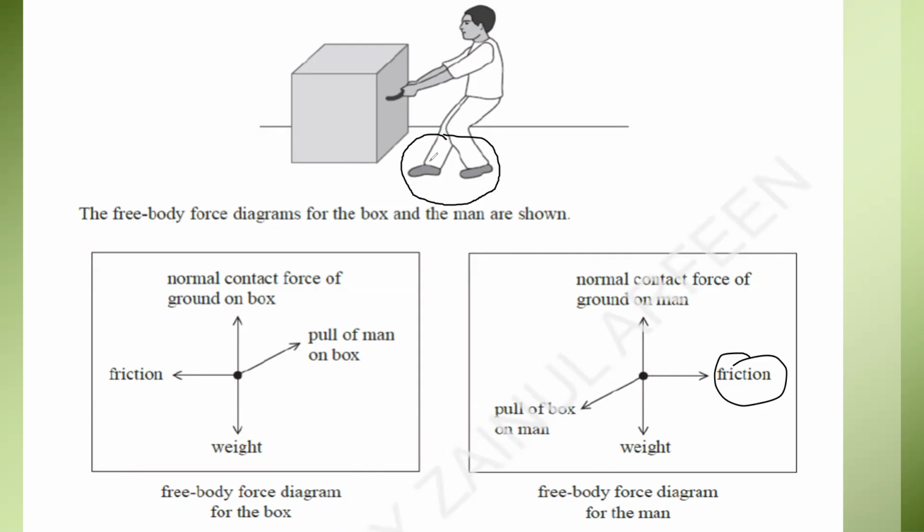You tend to push your feet to the left-hand side. That is where you want to push. So when you push your feet to the left, the direction of the friction, according to the feet, will be towards the right-hand side, because friction always opposes the motion.